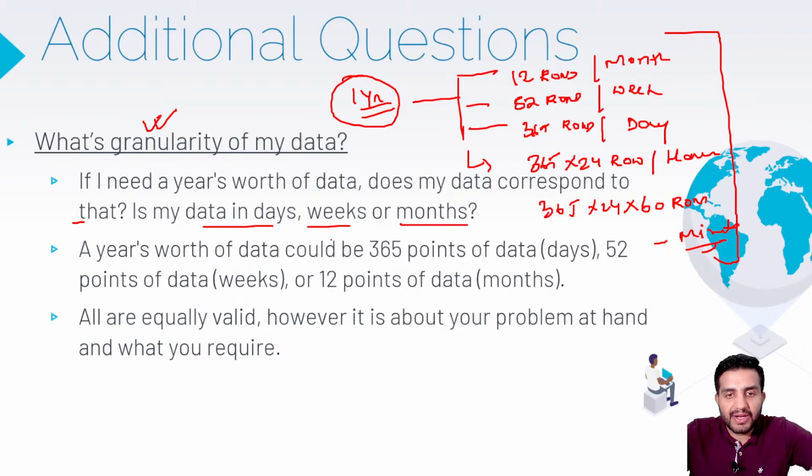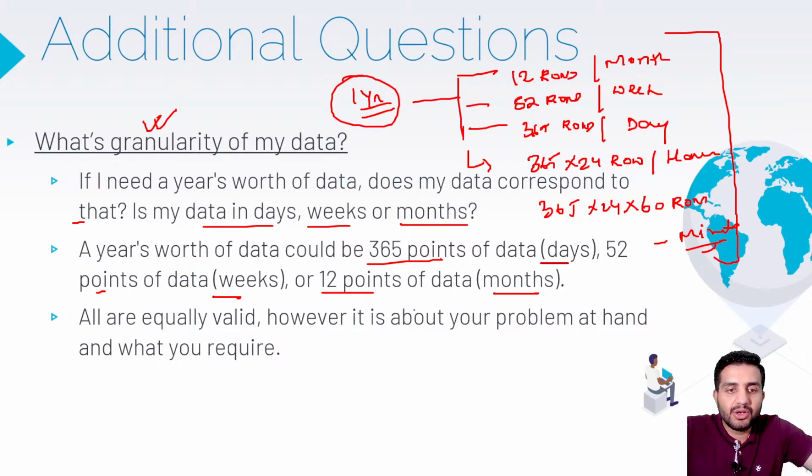So an year worth of data could be 365 points or 365 rows if it's on per day, or 52 points if it is per week, or 12 points if it is per month. And if I go drilling down more, like per hour, per minute, per second, likewise, I keep on increasing my data points.